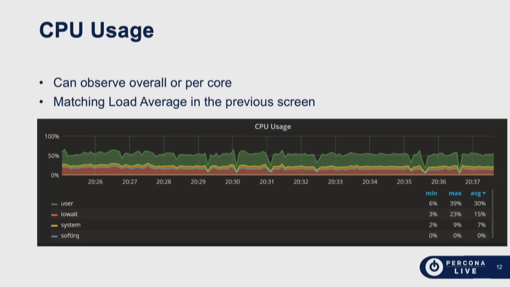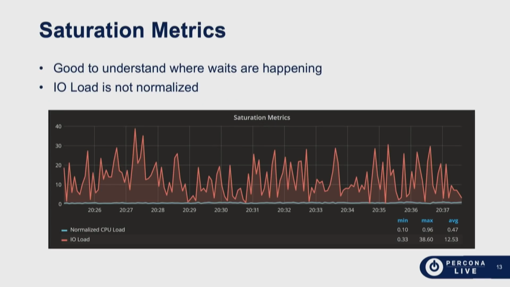So this is an example of CPU usage, which corresponds to this graph. And what we also show in our tool in this case are the saturation metrics, right? Here we take a look at the load average and really split it between CPU and I/O workload saturation.